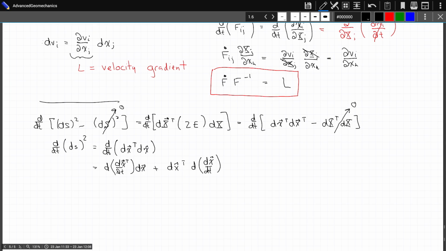What do we say this is? This is the velocity, and this is the velocity transpose. So now we have dv transpose dx plus dx transpose dv.